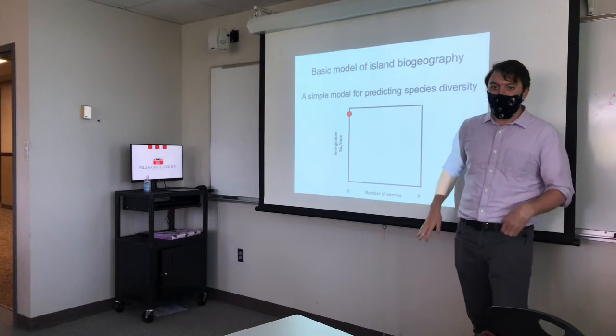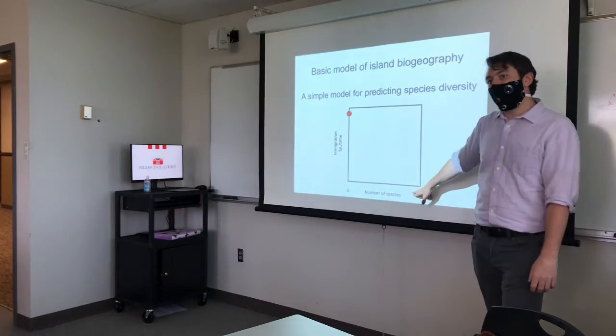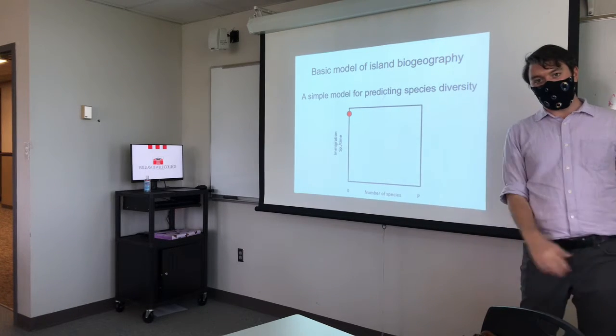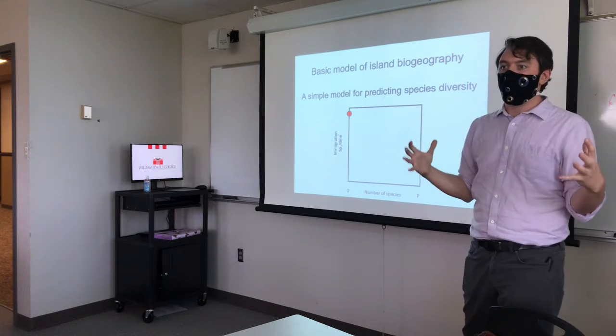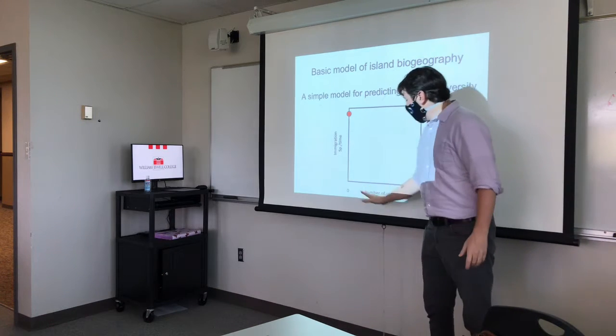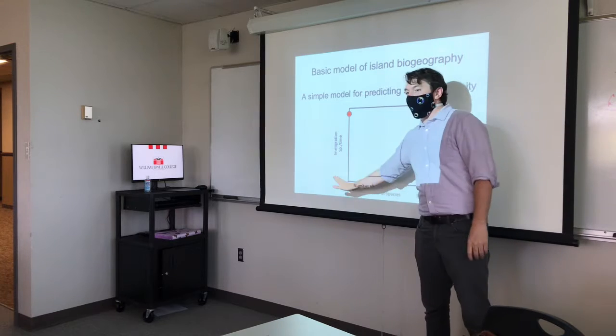So this could be all the species in Peru and Ecuador and Colombia as our source pool, or it could be all the species in South America. You can tailor this number conceptually to whatever the source pool might be for the particular island you're trying to model. The actual number of species on the island is going to fall somewhere between no species and all of the species in the source pool.